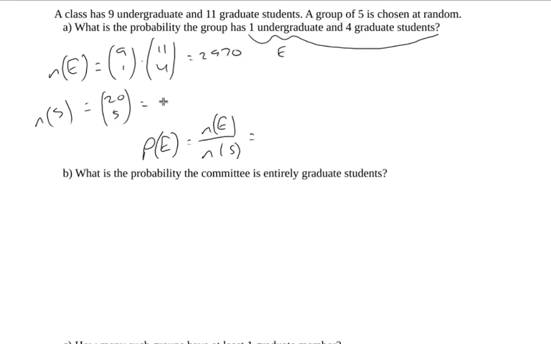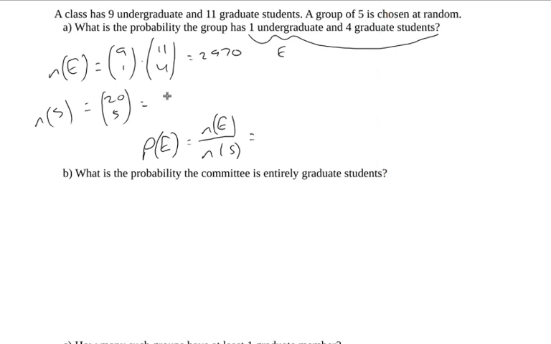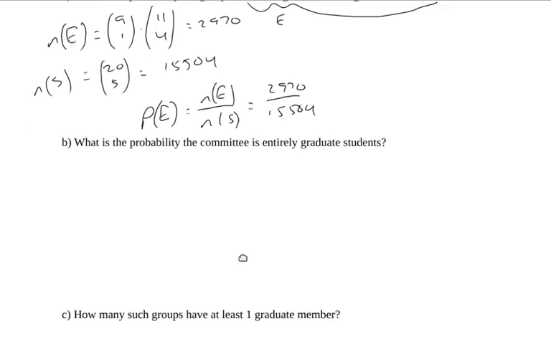And 20 choose 5, let's figure that out as well. 20 nCr 5 is 15,504. So this ends up giving us 2970 over 15,504. And you could reduce that, I'm sure, but I don't really care.